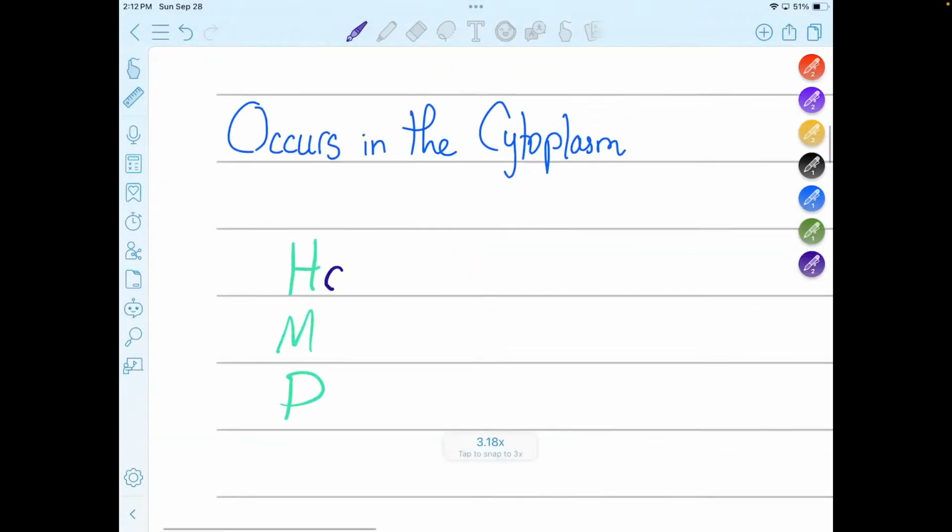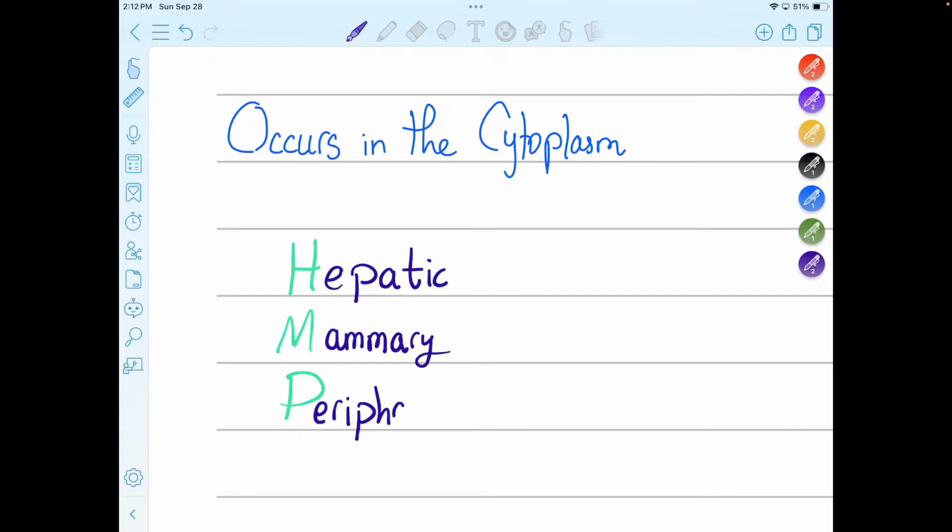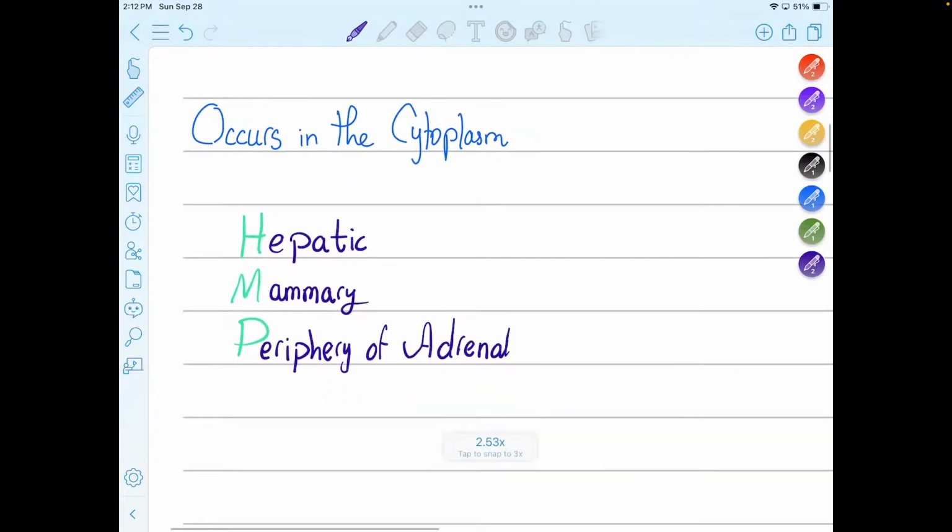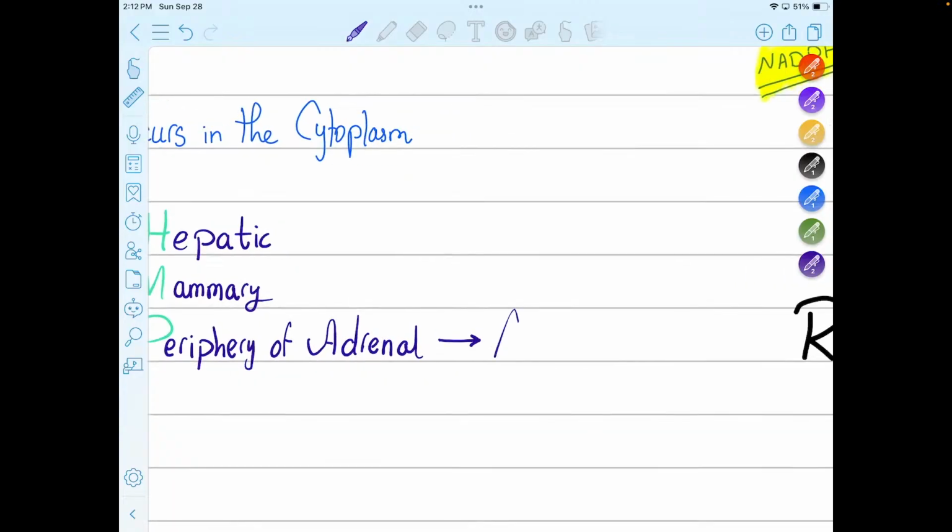So this is available in the hepatic part. It's available in your mammary glands, and it's available in the periphery of the adrenal. Also, basically, you could just say the adrenal cortex.